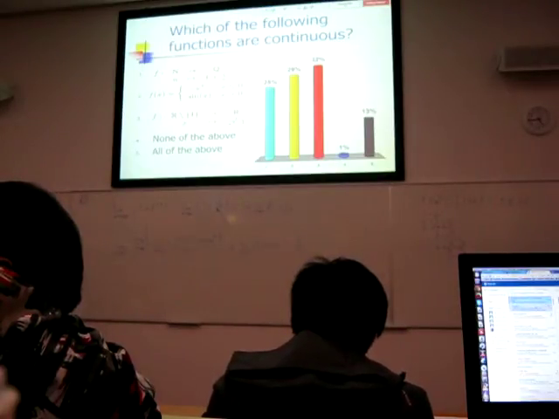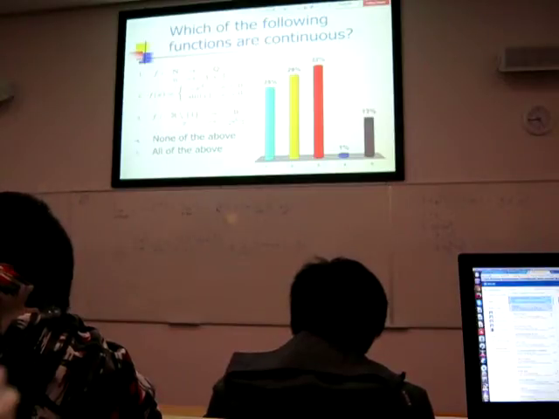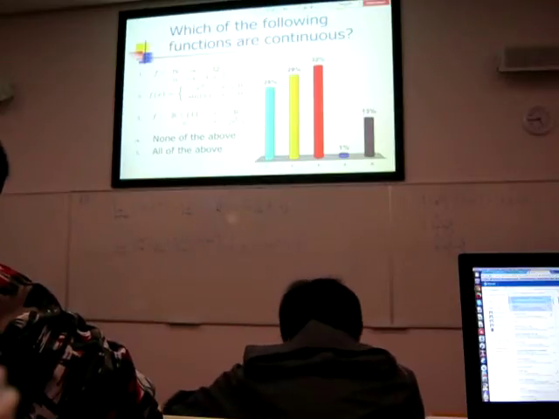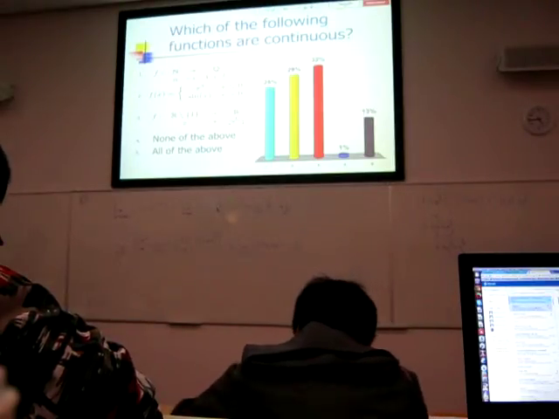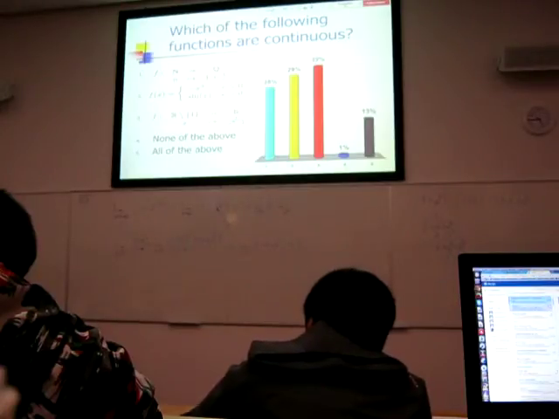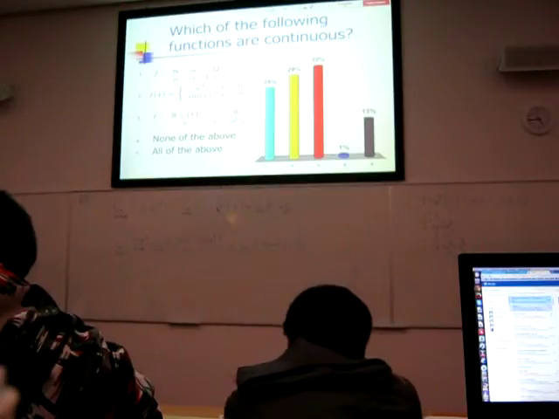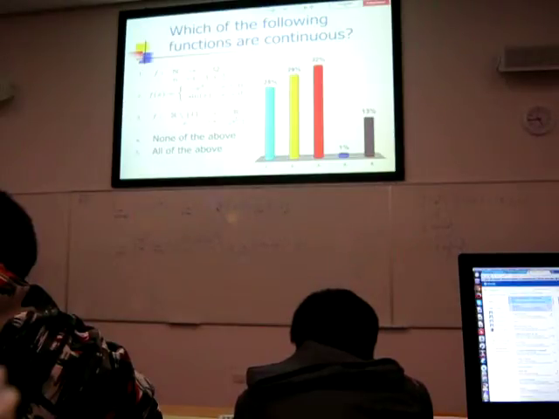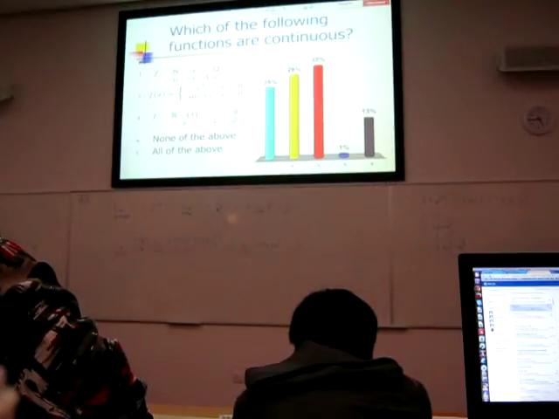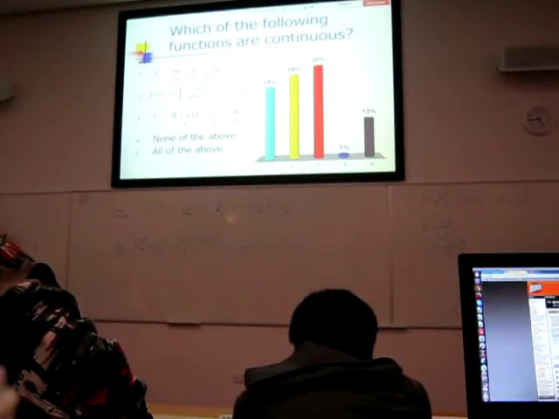So what do these functions look like? So the first one, this looks something like point here, point there, point there, and then there, and so on.